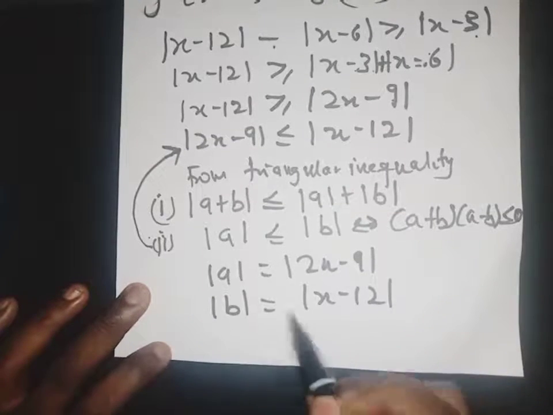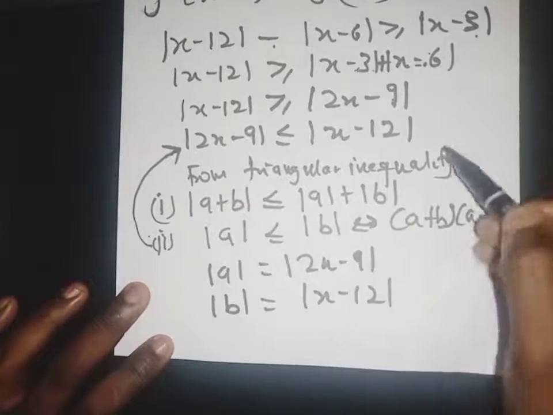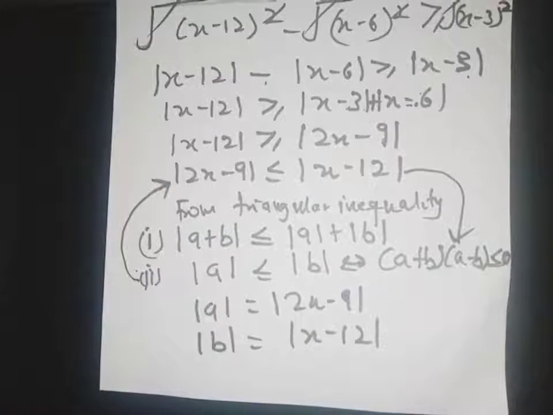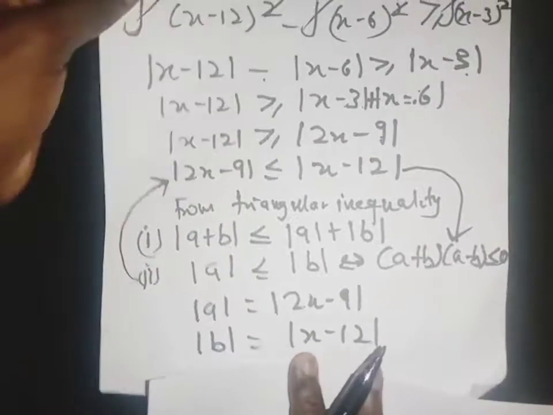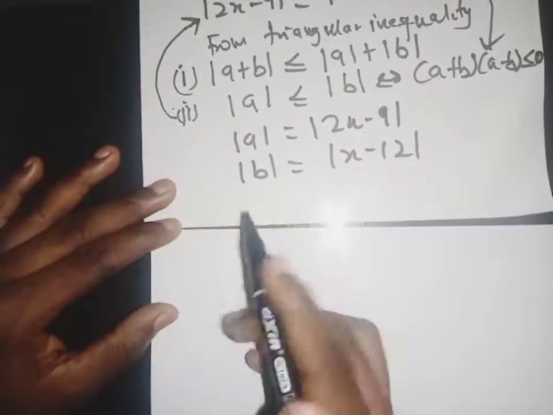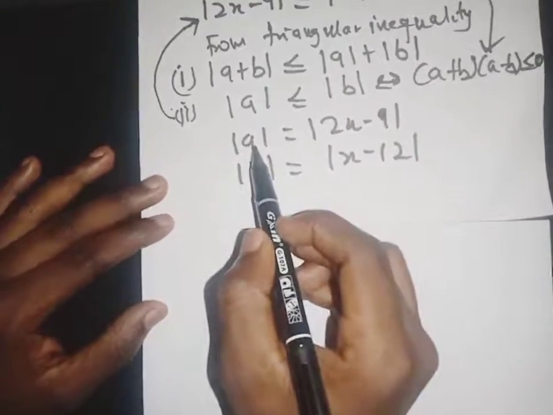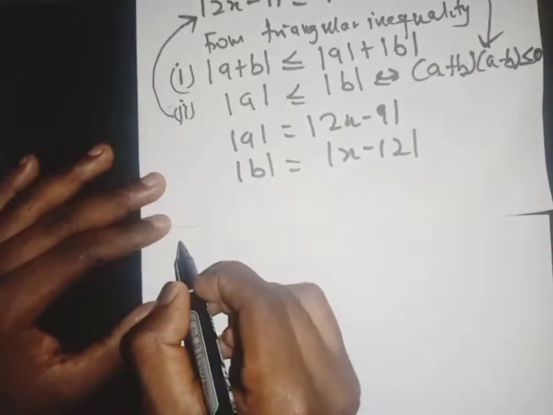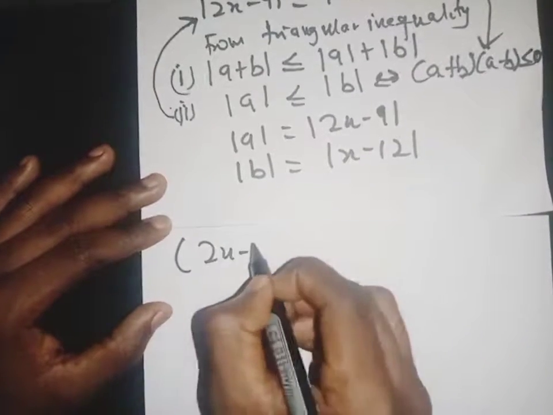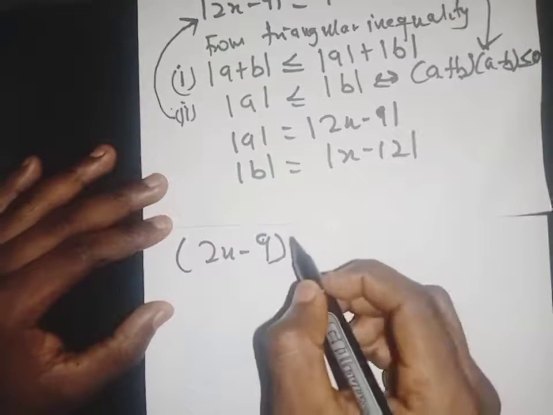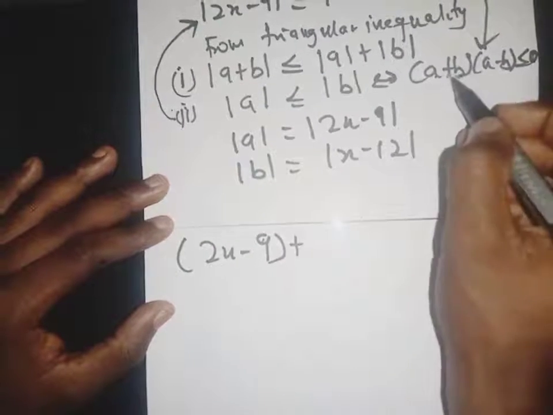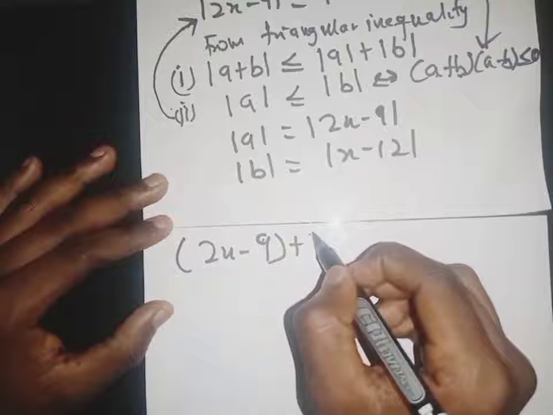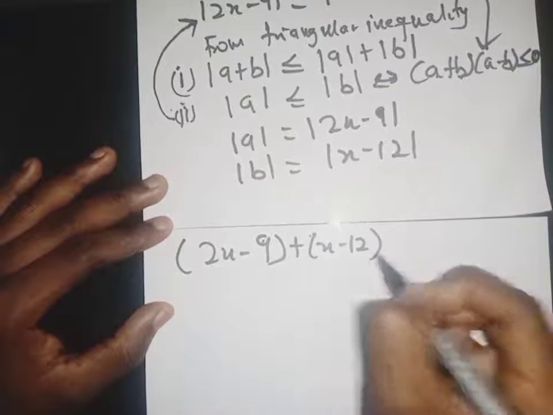So what we are going to do is expand the whole thing in terms of that, right? So expanding that, we have a plus b, where a is just 2s minus 9, and then we have plus that of b, and b is just s minus 12 here.